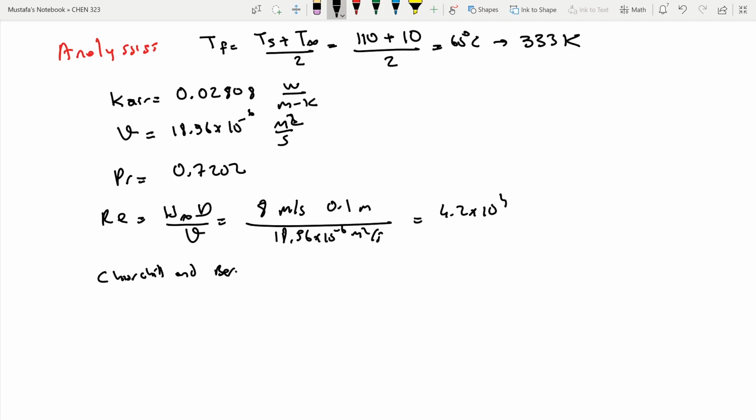Okay, so the average Nusselt number is H times D over K fluid.